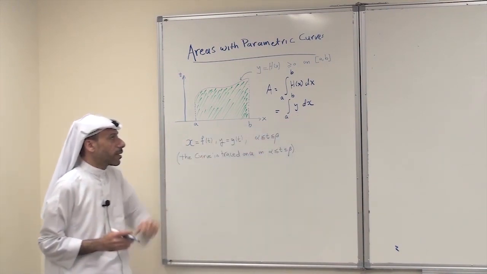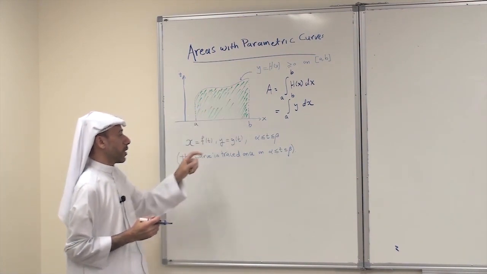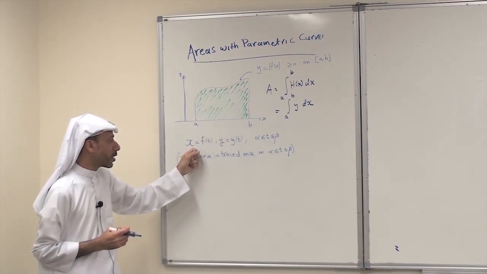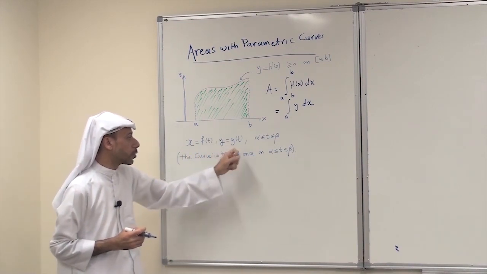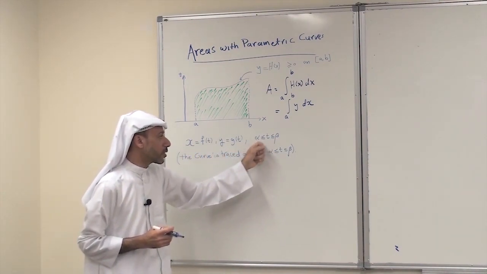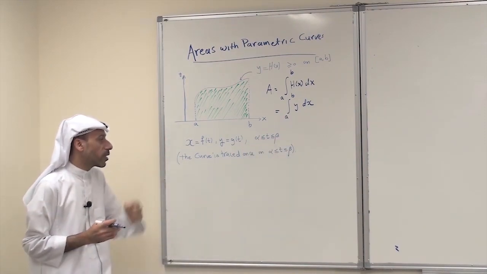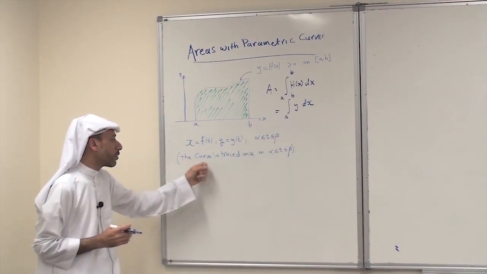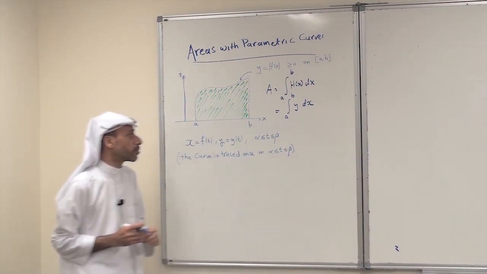Now in parametric form, the same curve is parameterized by the following parametric equations: x equals f of t, y equals g of t, over the interval of t from alpha to beta. Here we have to make one assumption: the curve is traced once in the interval alpha to beta.